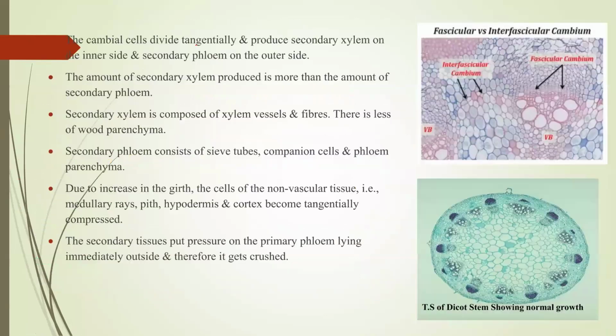So the cambial cells divide tangentially and produce the secondary xylem on the inner side and secondary phloem on the outside. So the cambium present between the xylem and phloem of a vascular bundle is called the vascular cambium.